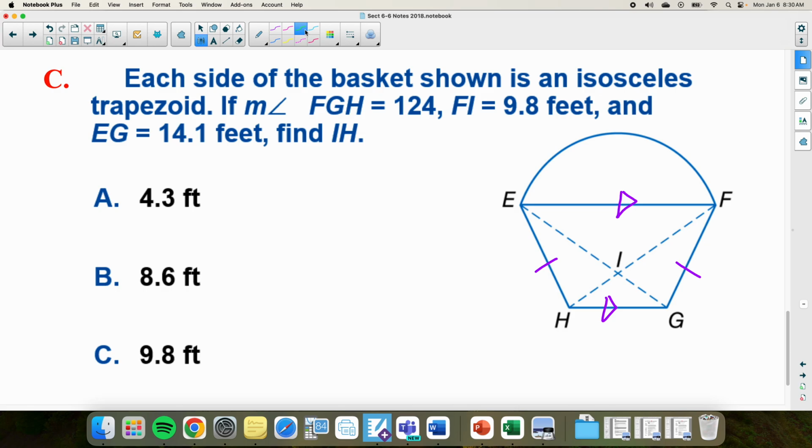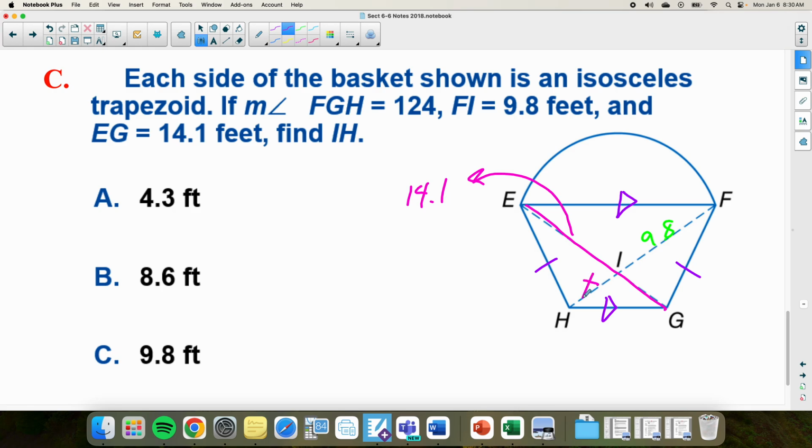So that means the angle we don't have to worry about. So FI, this distance right here, is 9.8. And EG, which is the whole thing here, is 14.1. Find IH right there.